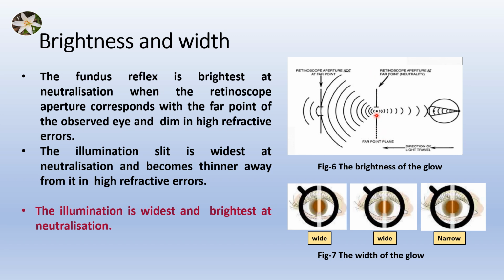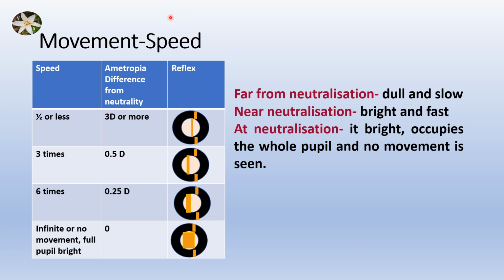As you move away from this neutralization point, towards the higher refractive errors, the illumination becomes duller and the width becomes thinner. In addition to the brightness and direction, the speed of movement gives us a rough idea as to how far away we are from the neutralization point.